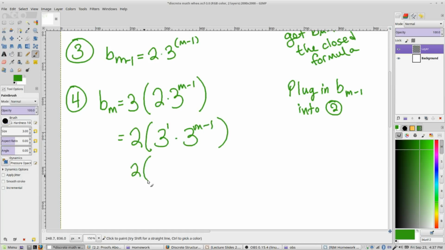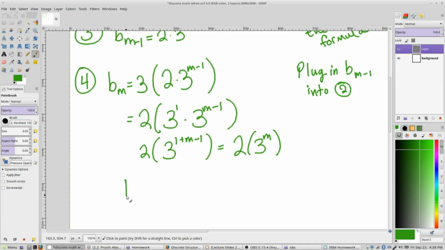So this will be 2 times 3 to the first plus m minus 1, which these ones just cancel out here. So then this ends up being 2 times 3 to the m. So the full thing will be b sub m is equal to 2 times 3 to the m.